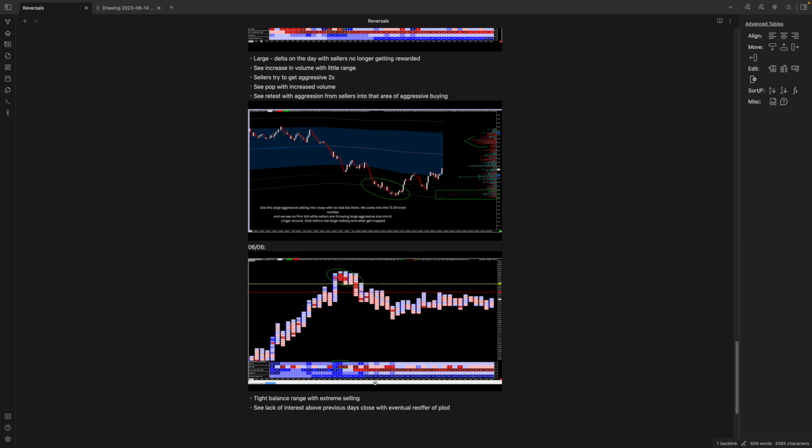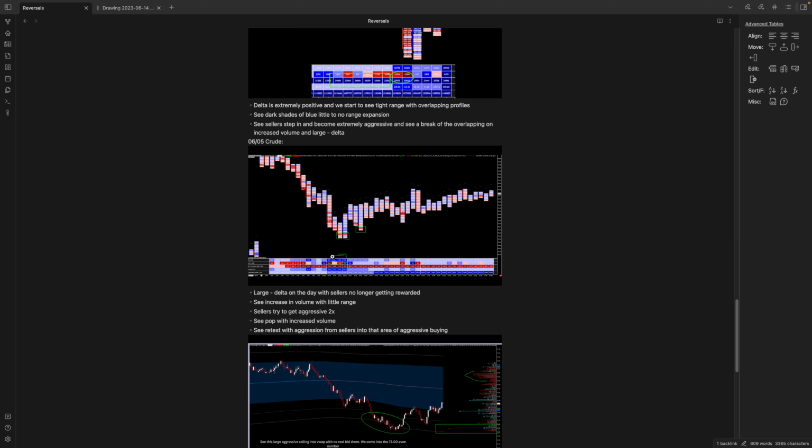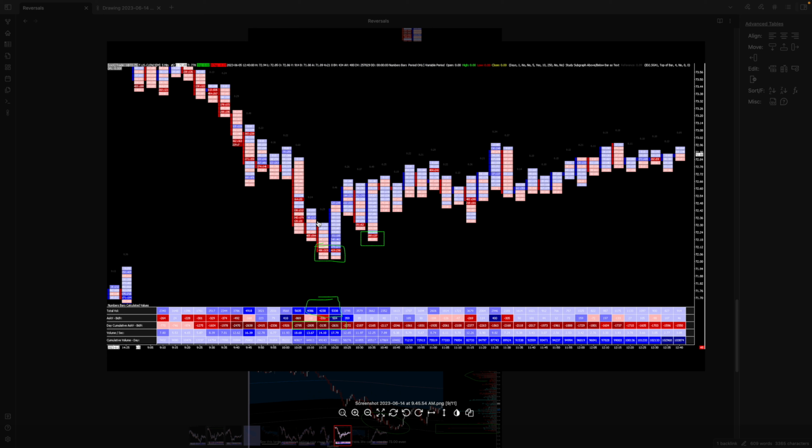Next up is crude. Large negative delta on the day with sellers no longer getting rewarded. See an increase in volume with little range. Sellers get aggressive 2x, see pop with an increase in volume. 0.24 range after we have this huge leg down, 0.29, and then see sellers get aggressive 2x right here.